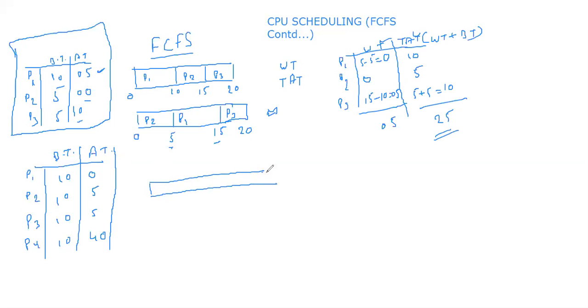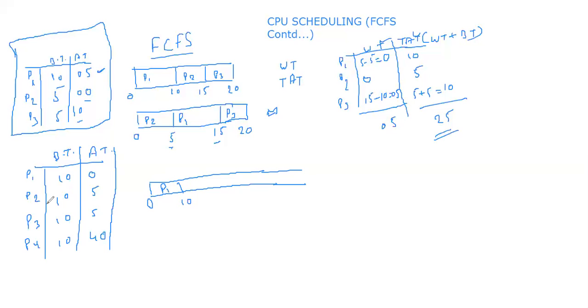This is quite interesting, and it will cover all the doubts you can possibly have in first come, first serve. So let's start. From where do I need to start? The process which arrived first, so I start at 0, and P1 will get executed up to 10 units of time.